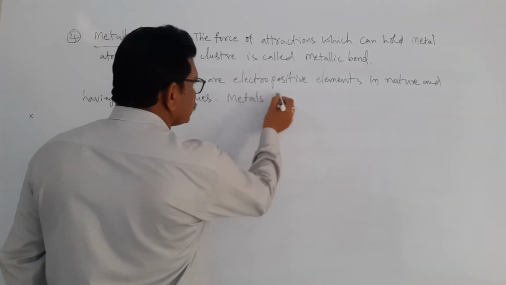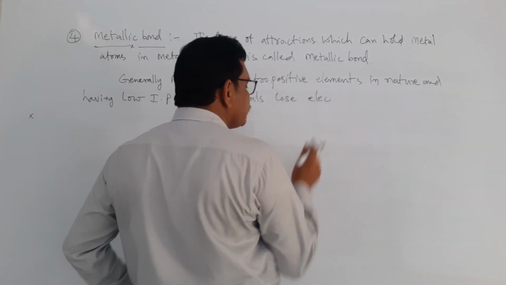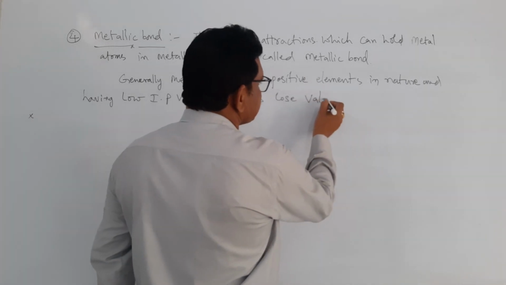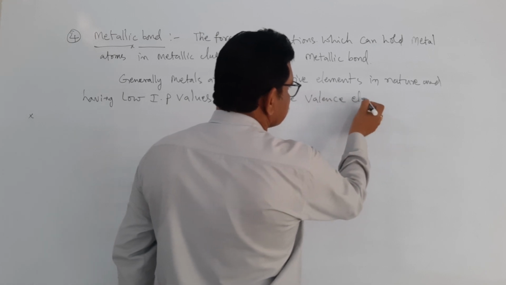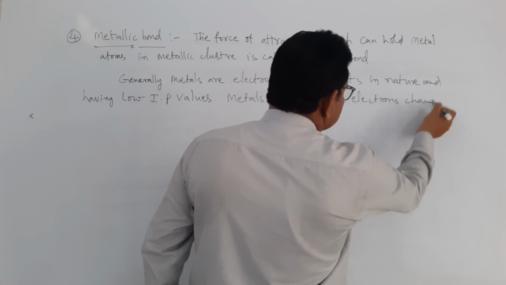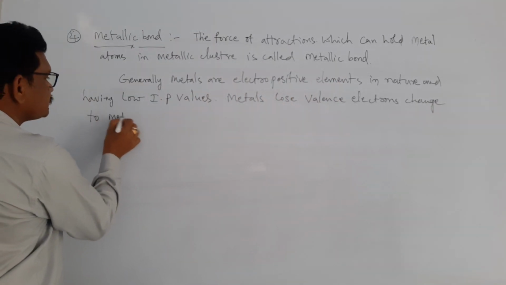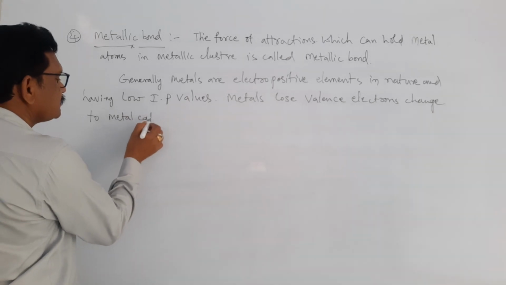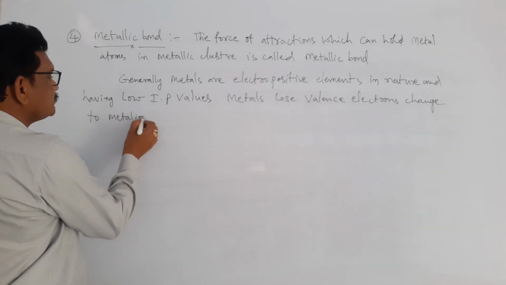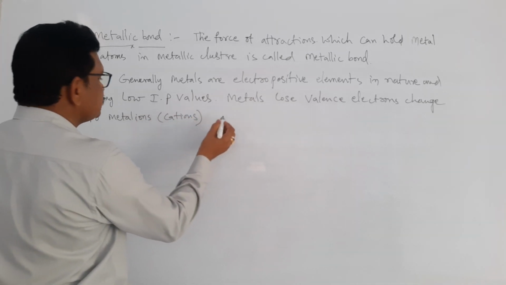Metals lose electrons, particularly valence electrons. Those valence electrons change to metal ions. Metal ions are nothing but cations.